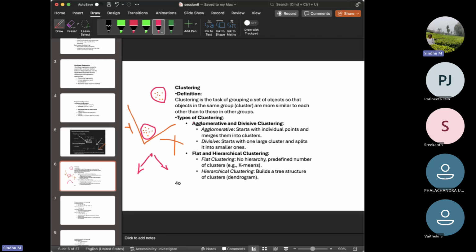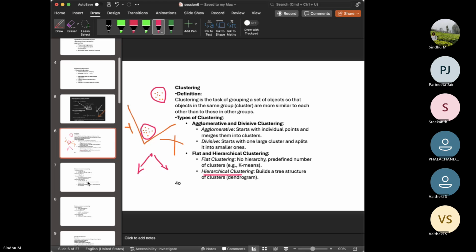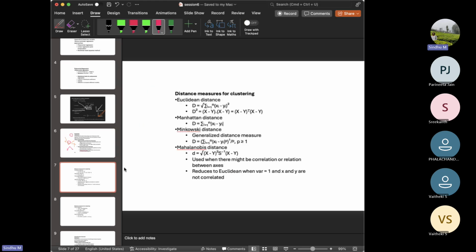One more categorization of clustering is flat clustering and hierarchical clustering. In flat clustering, there is no hierarchy, but in hierarchical clustering, it is a tree-like structure. A good example of hierarchical clustering would be the evolutionary relationships that we draw.